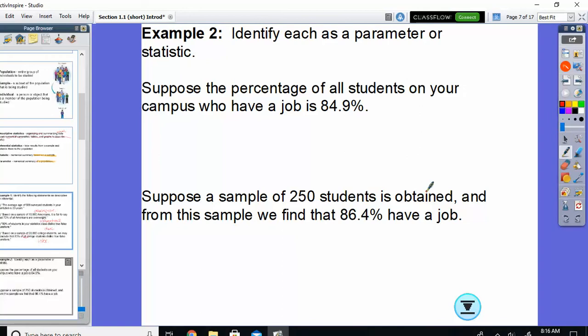So, suppose the percentage of all students in your campus who have a job is 84.9%. So this is the number that we're referring to. We're trying to decide if that number is a parameter or statistic. Does it describe the entire group or just a small part of it? The entire. It's talking about all students, so it's based on everybody. So that means it is a parameter.